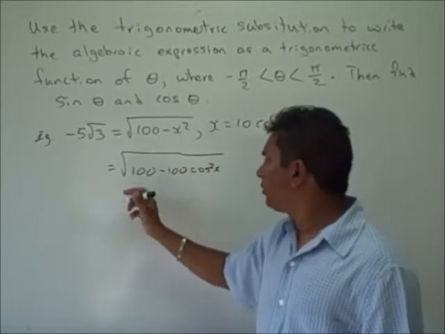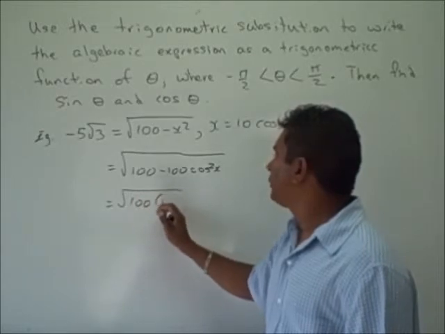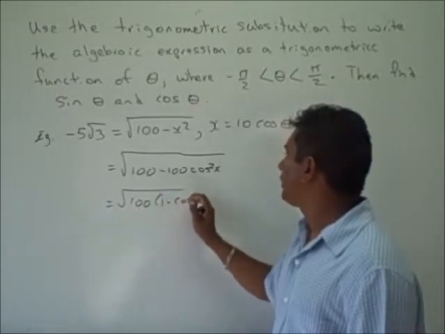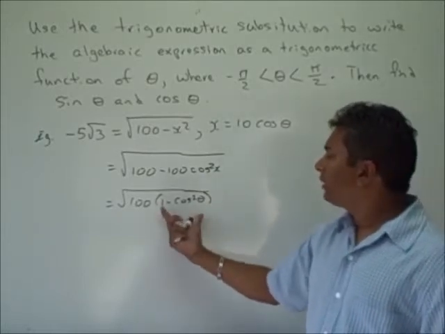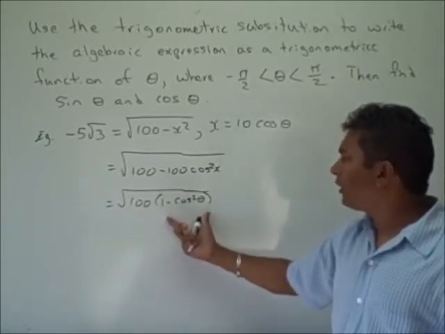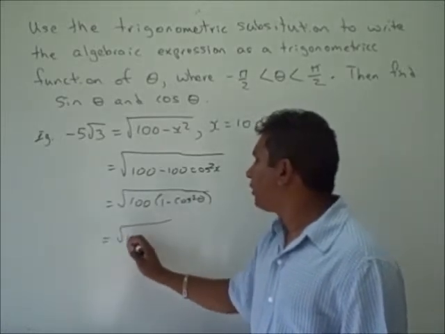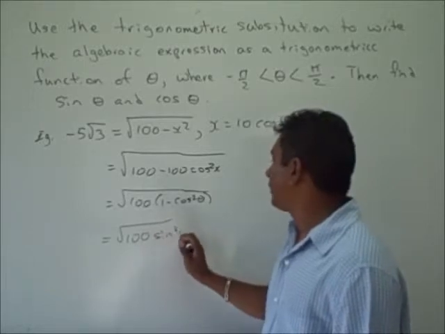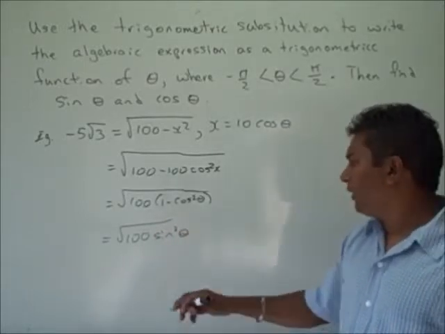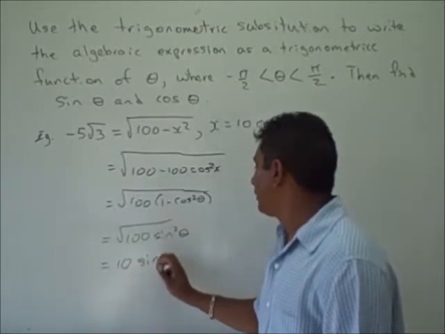We factor out 100, and this becomes the square root of 100 times 1 minus cosine squared theta. And we know from our Pythagorean identities that 1 minus cosine squared theta is the same thing as sine squared theta. So this becomes the square root of 100 times sine squared theta. The square root of that is 10 sine theta.